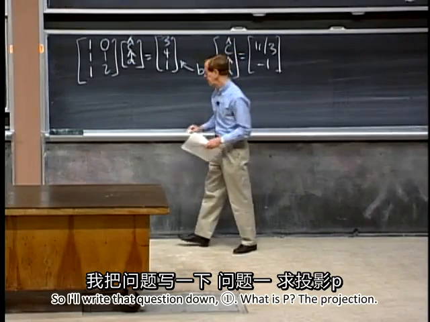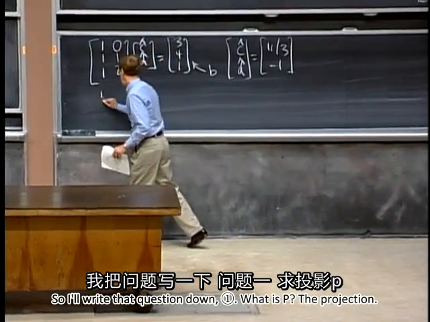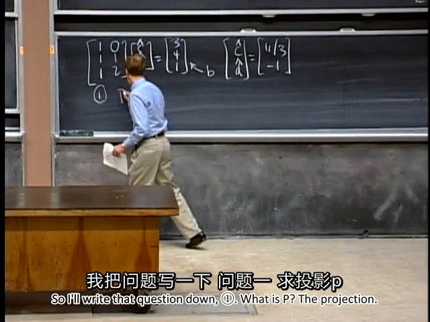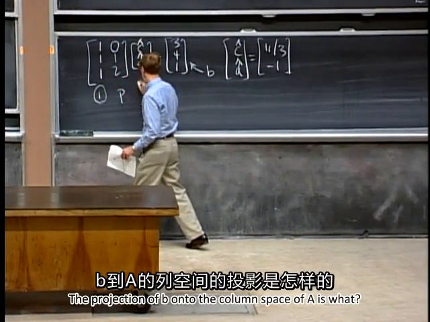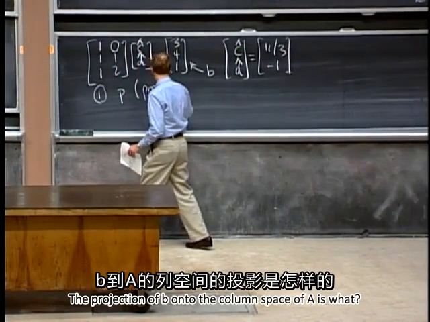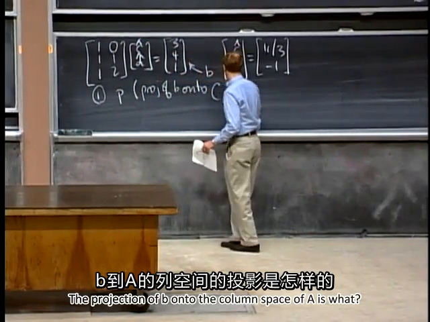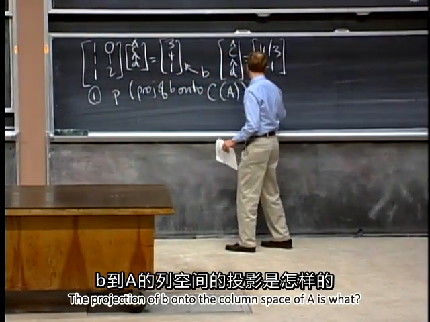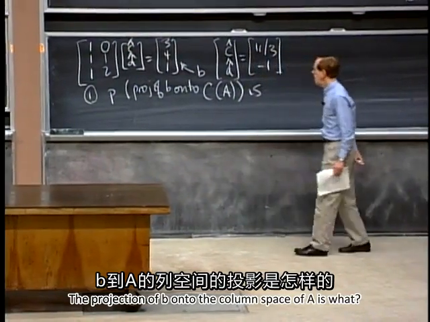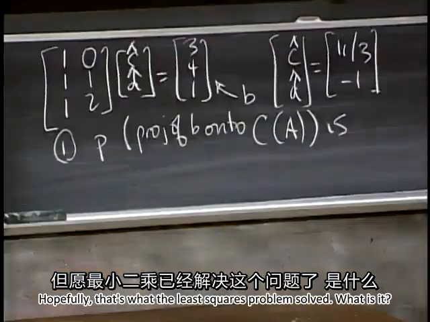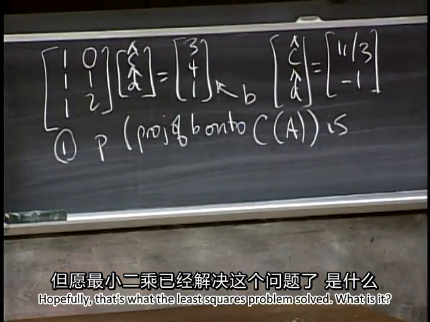So shall I write that question down? 1. What is P, the projection? The projection of B onto the column space of A is what? Hopefully that's what the least squares problem solved.